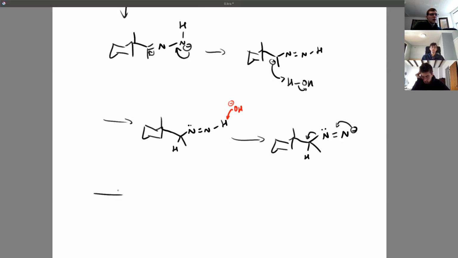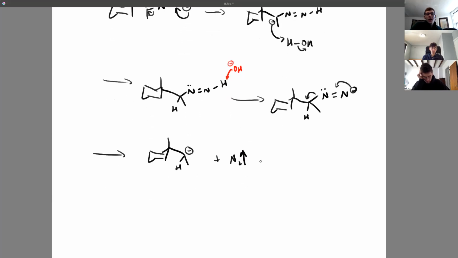So here, we're going to form the carbanion. Minus charge, right? We've also formed N2 gas, which will just come off, right? And I don't think I need to tell you what this carbanion is going to do, right?